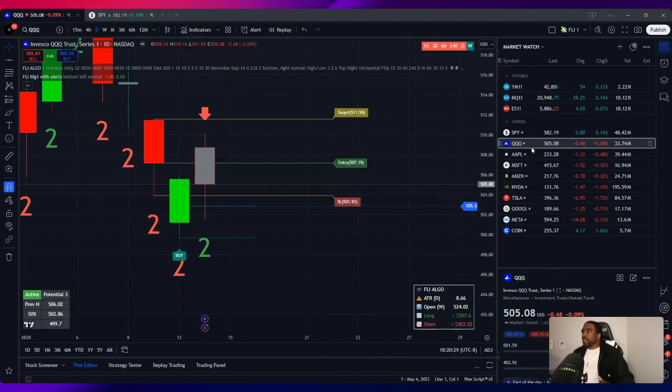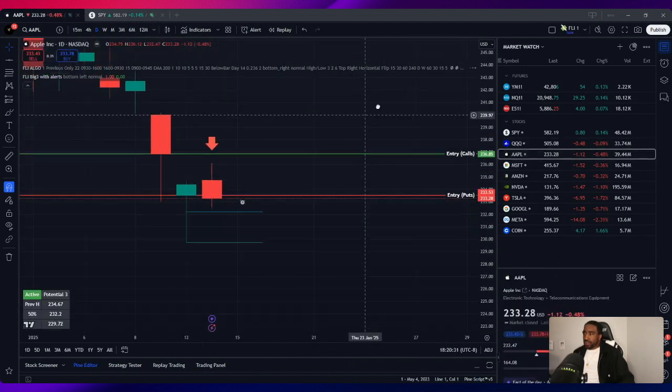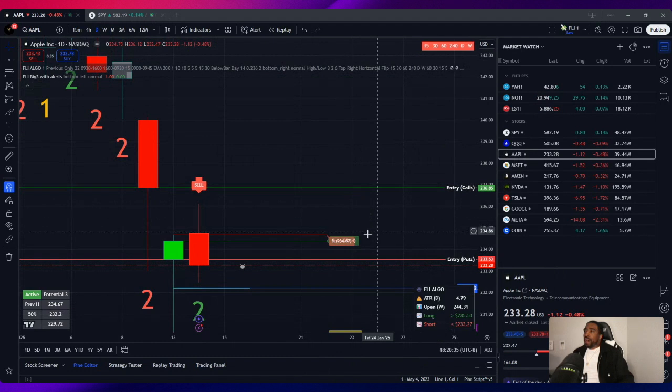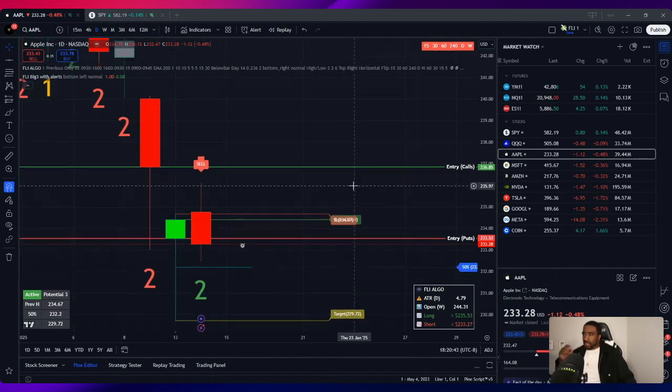If y'all remember earlier, I gave y'all 2 levels that are still here. I gave y'all a level for calls on Apple, and I gave y'all a level for puts, right? Now, I want y'all to understand something. With calls, you had to break above that previous close from Friday, right?